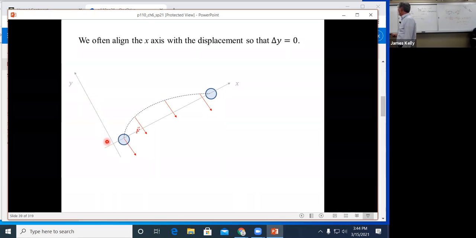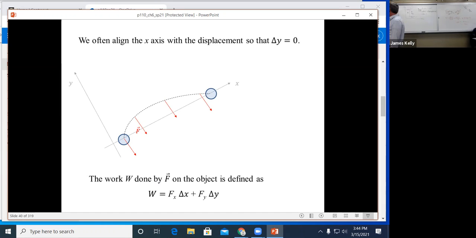The object is being displaced from there to there. I could align my x-axis exactly along the displacement from initial to final, for what I've defined to be initial to final. And then delta y would be 0, right? It would have 0 y displacement between initial and final. And so when I look at that formula, I can just forget about this piece down here.